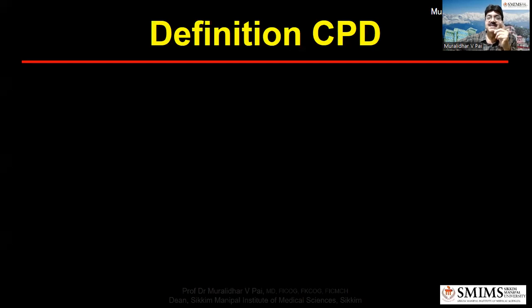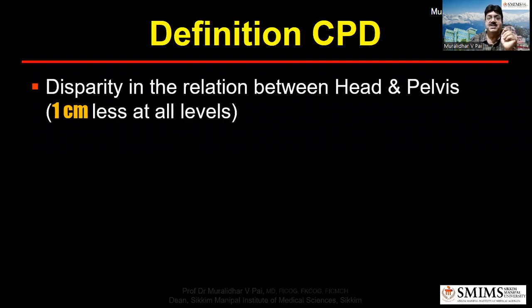So CPD can occur in a normal pelvis. There may not be any CPD in a small pelvis. It all depends upon the perfect fit between the baby and the pelvis. Is it clear? So now let's move on with the definitions. Disparity in the relationship between the head and the pelvis; 1 centimeter less at all levels.